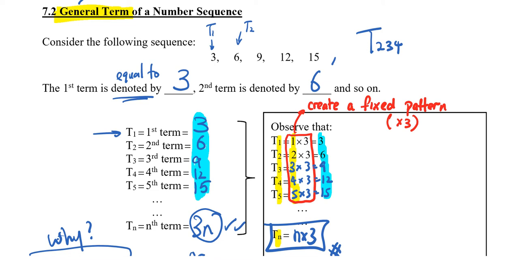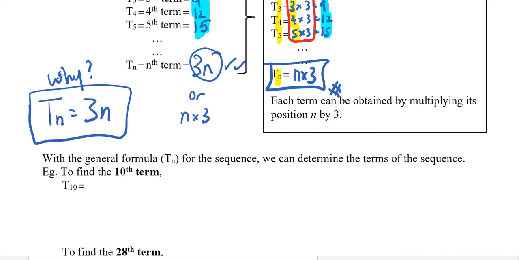But if I have the general pattern, what can I say? What is term 234 actually? 234 times 3. Do you see? I can find the term straight away.